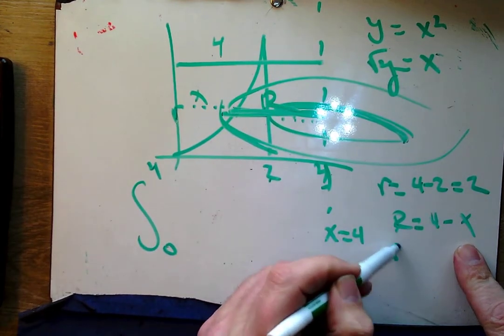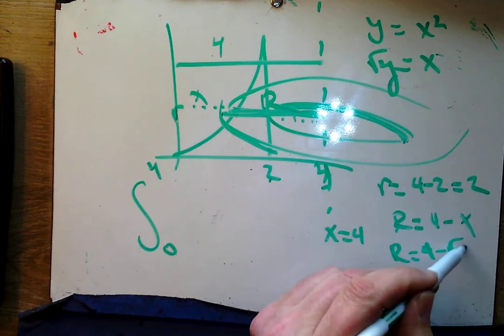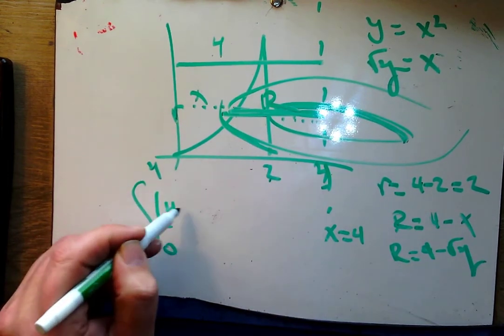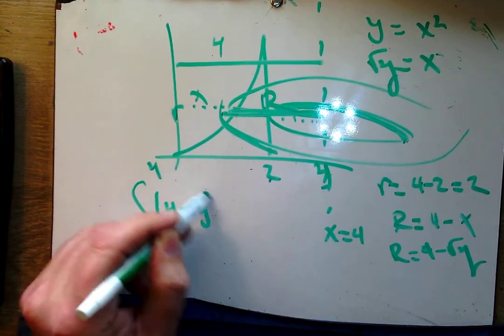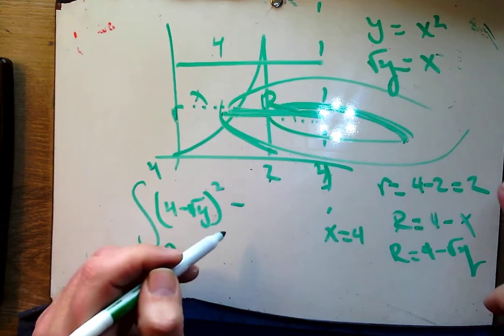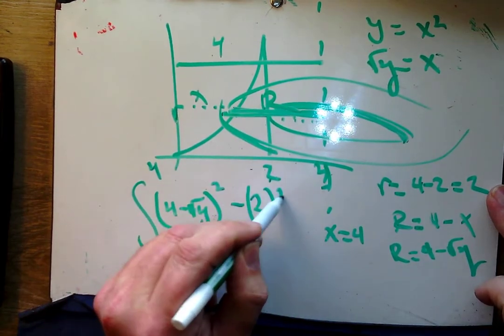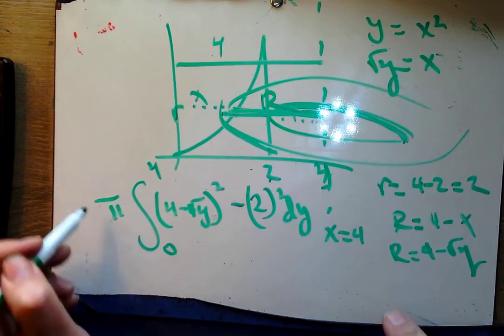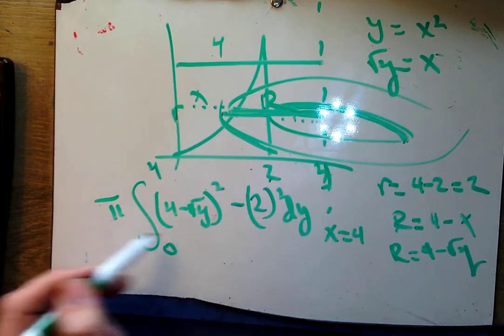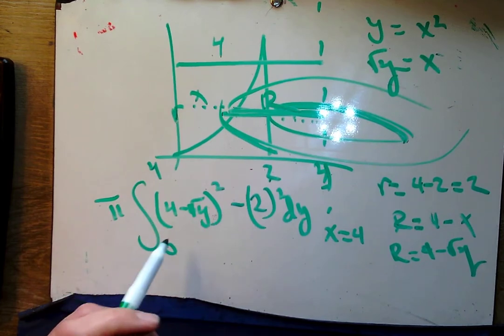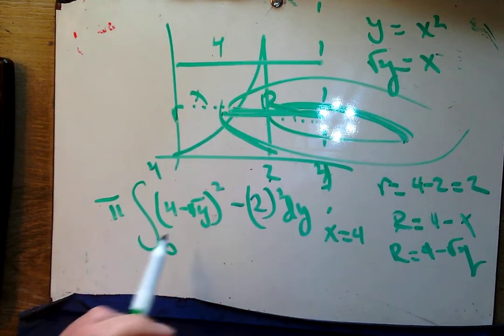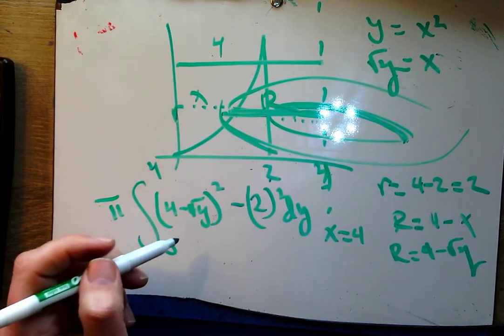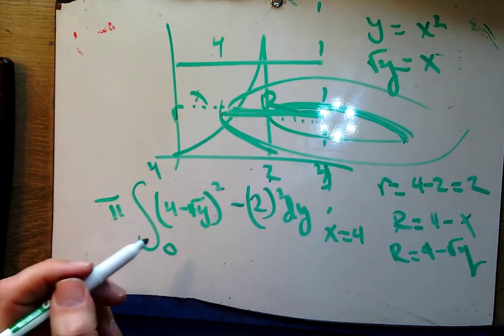So big R is 4 minus root y. Integral of (4 minus root y) squared minus little r squared dy. And don't forget that pi. These can't be circular disks unless we're thinking about pi r squared.